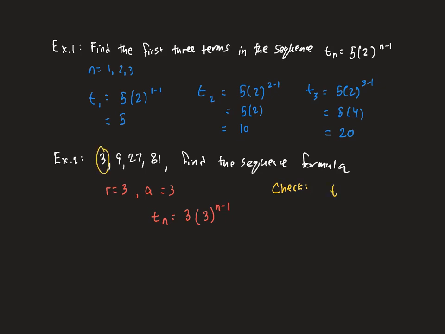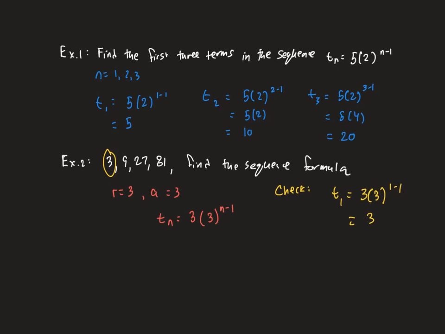So when t of 1, you put 3 times 3 to the power of n minus 1. I know that the n is supposed to be 1, so you go 1 times 1. So 3 times 3 to the power of 0, which is 1, so 1 times 3 is 3. So it works out.